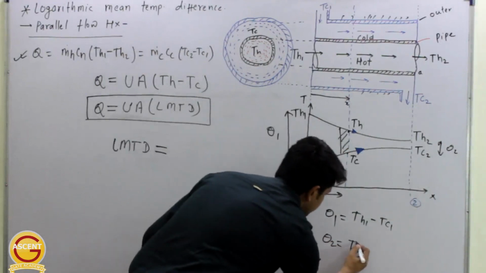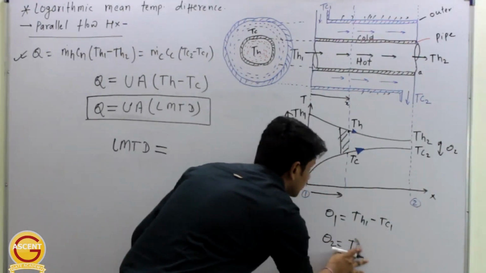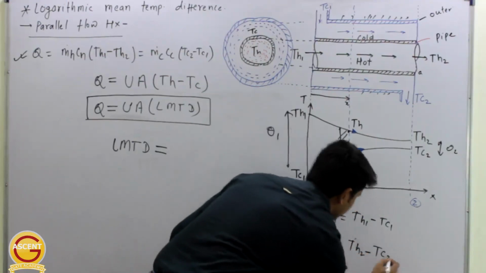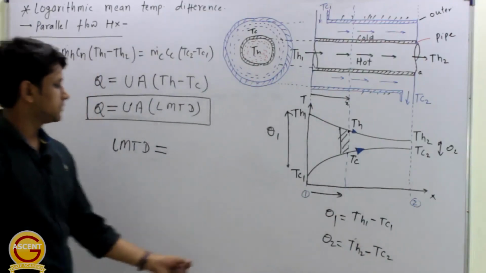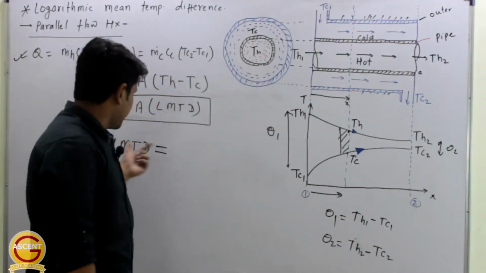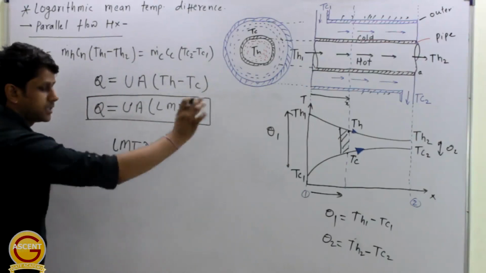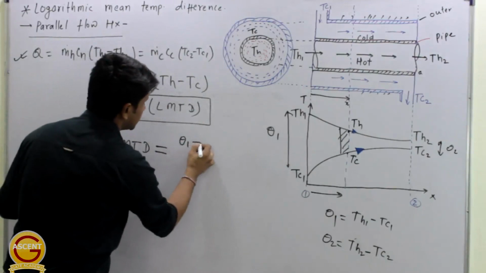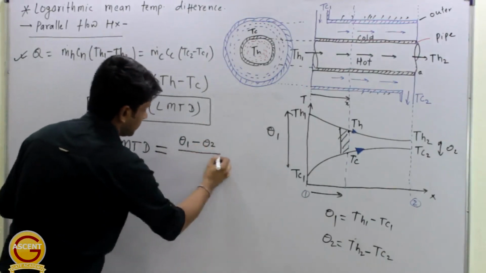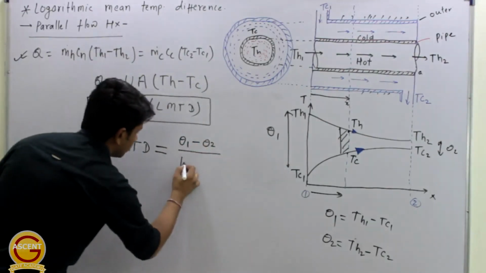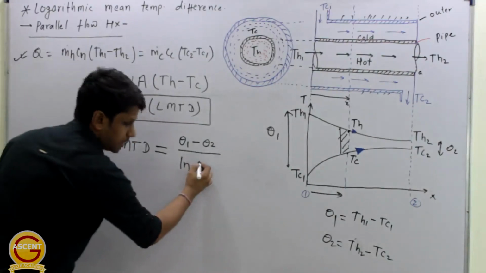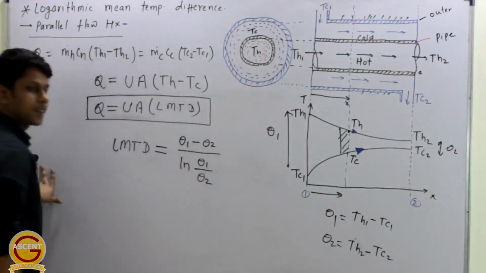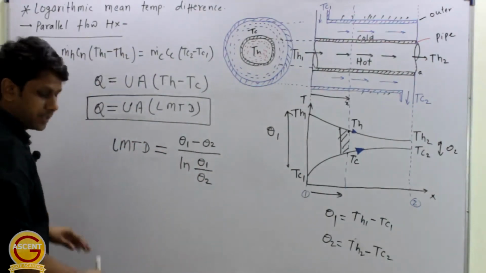It will be TH2 minus TC2. Correct? These are the values of theta 1 and theta 2, and the LMTD is in terms of theta 1 and theta 2 only. So the LMTD formula is theta 1 minus theta 2 divided by the natural log, that means ln, of theta 1 by theta 2. Correct? This is the LMTD formula.